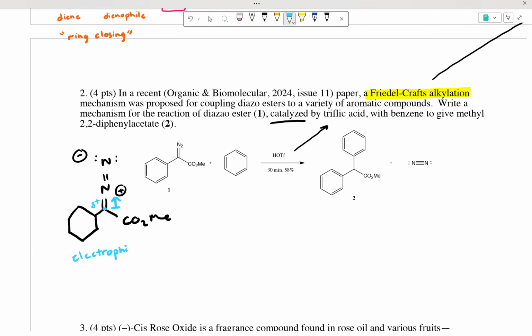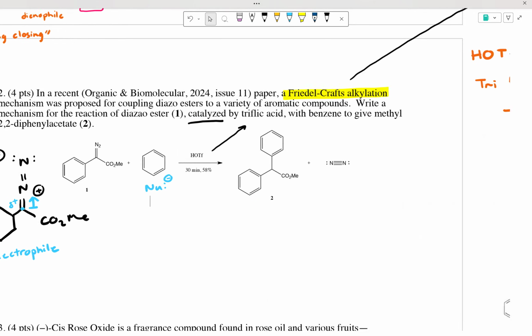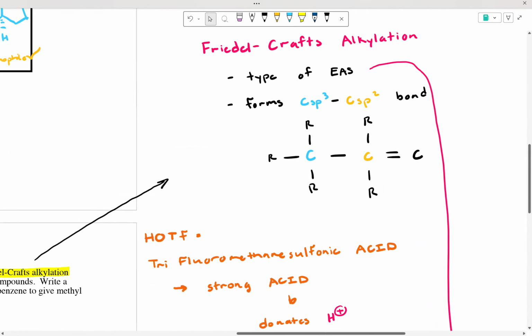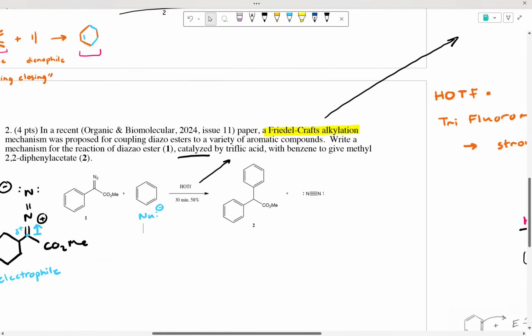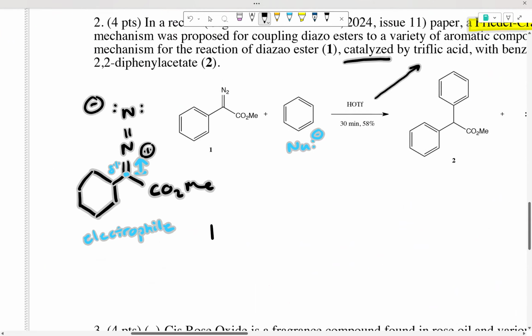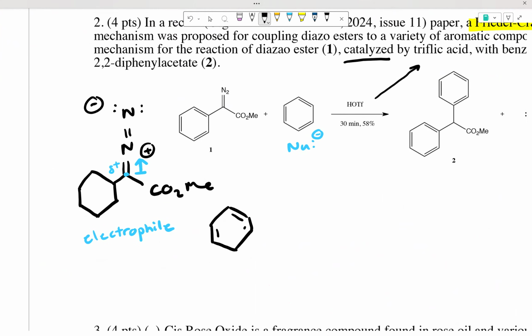That means our benzene is the nucleophile and it's going to attack this electrophile at that carbon. And let me restate that a Friedel-Crafts alkylation forms a C sp3 and a C sp2 bond. So we have our nucleophile here, our benzene, and it has 6 pi electrons.